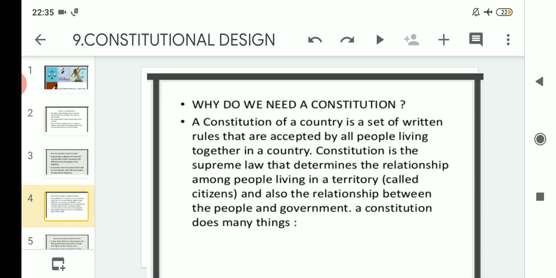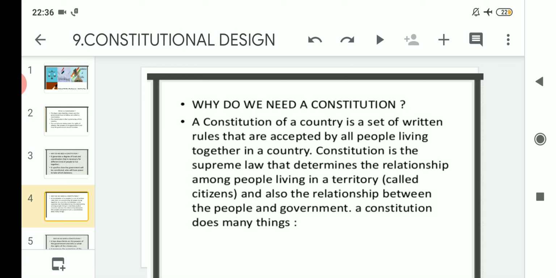So the constitution does what? It determines the relationship between the citizens and the government. That means we as citizens have certain duties and rights which we follow, and in that process we also utilize our universal adult franchise, that means the right to vote.